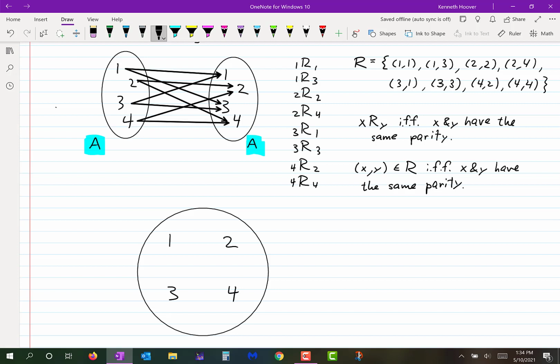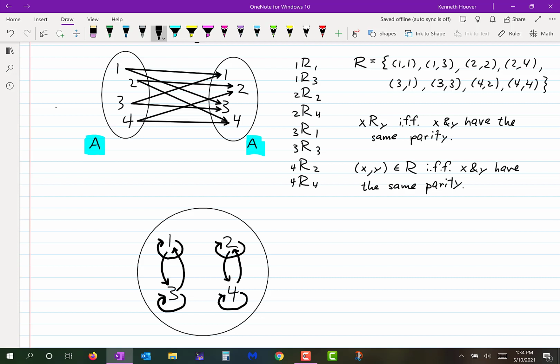And I could have said 1 is related to itself, and it's also related to 3. Two is related to itself, and it's also related to 4. 3 is related to itself, and it's also related to 1. 4 is related to itself, and it's also related to 2.